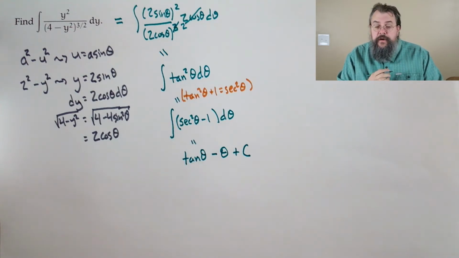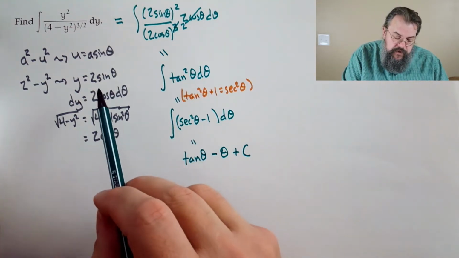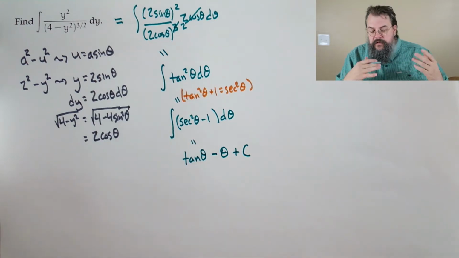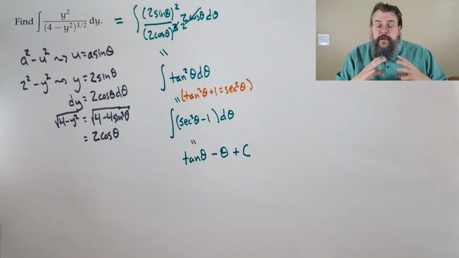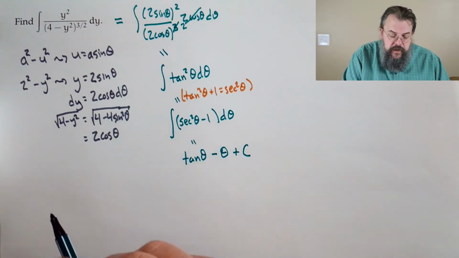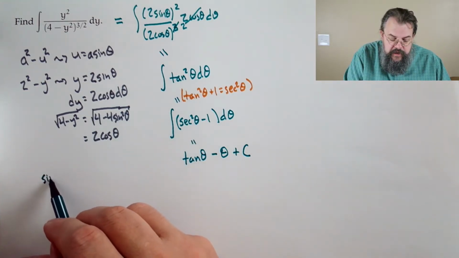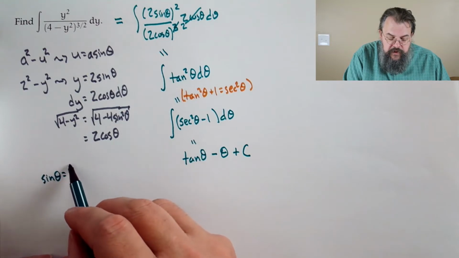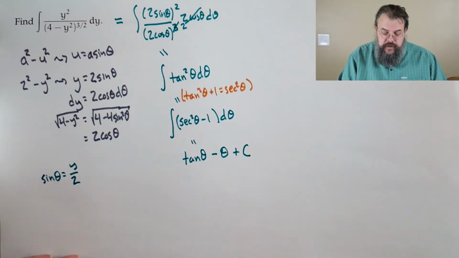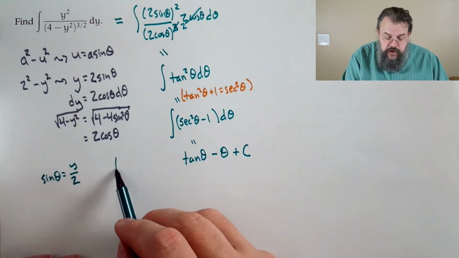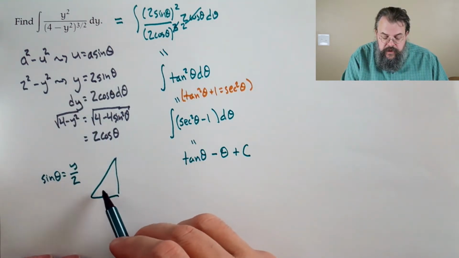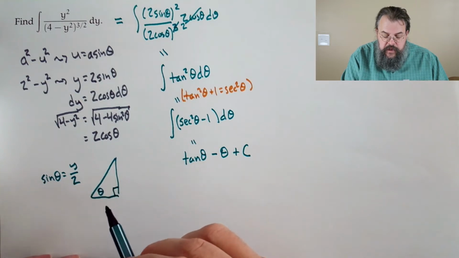Now we could do some various things with, we know what sine is, we know what cosine is, we can divide. And that would give us the right answer, but we can also just draw the picture, right? We say, look, sine of theta, if we move things around, is y over 2. So I'm just dividing both sides by 2. So draw a triangle, put theta in the corner.